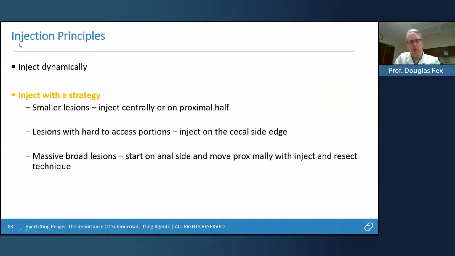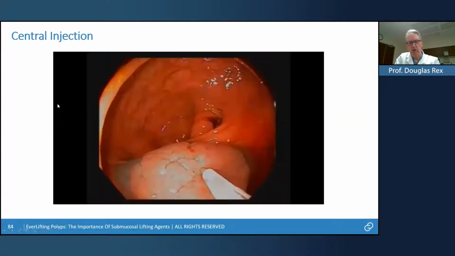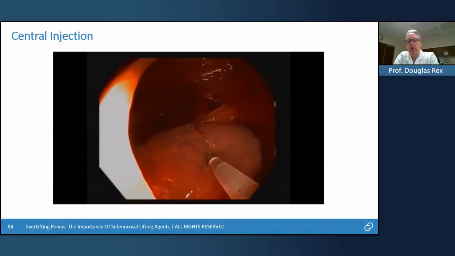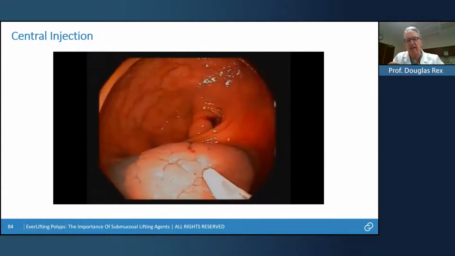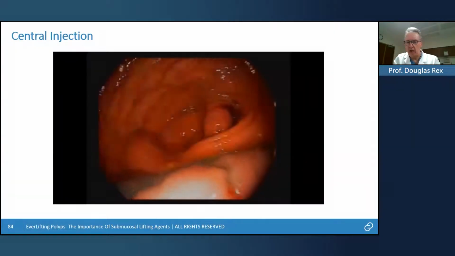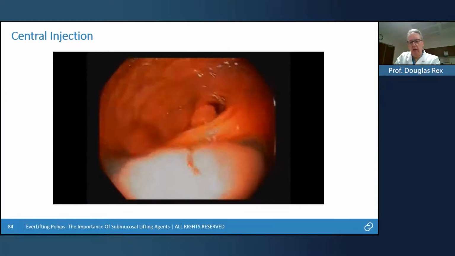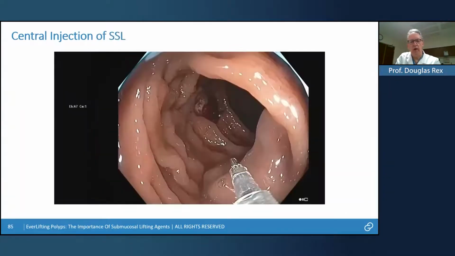And then we want to inject with a strategy. For a lot of smaller lesions, like this small adenoma, maybe 20 millimeters, it's best to inject right in the center of the lesion, right through it, so that the lesion ends up on the top of a dome of fluid.